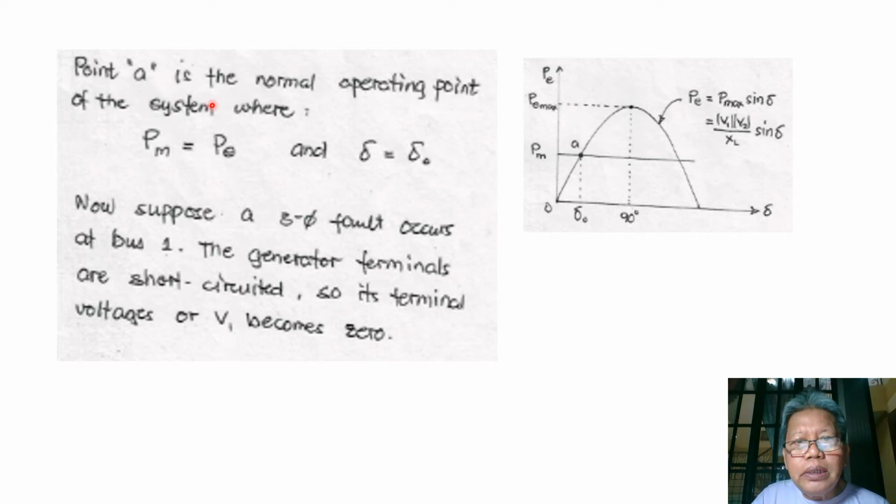Now, point A is the normal operating point of the system, where as we have seen, PM is equal to PE at this point, and delta is equal to delta O. Now, suppose a three-phase fault occurs at bus 1. The generator terminals are short-circuited, so its terminal voltage V1 becomes 0.